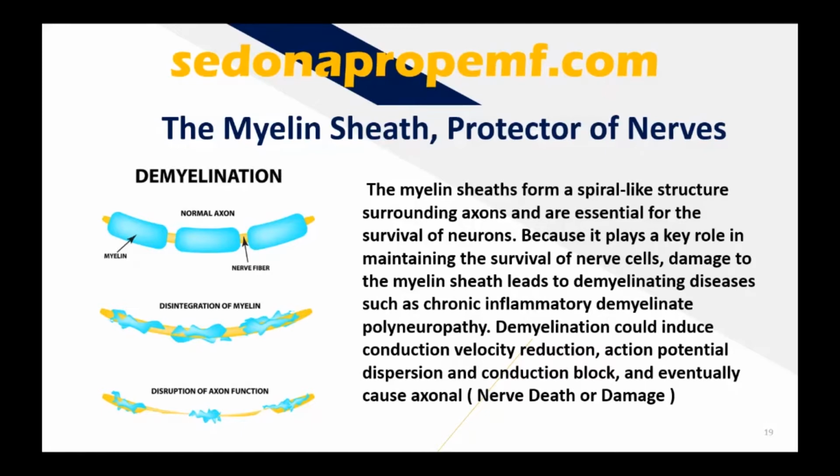Pretty much neuropathy. Polyneuropathy comes from the Greek word poly, which means multiple or many. Poly neuropathy is many types of neuropathy. Demyelination could induce conduction velocity reduction, action potential dispersion, and conduction block, and eventually cause axonal nerve death or damage.